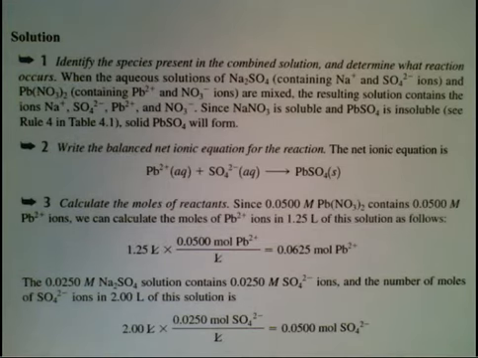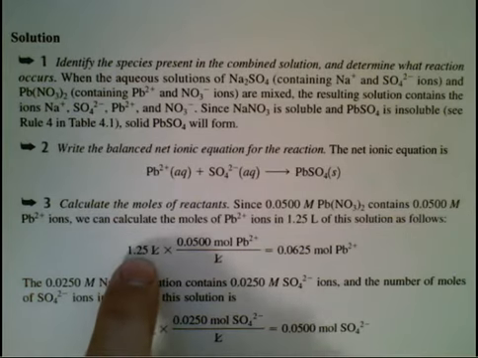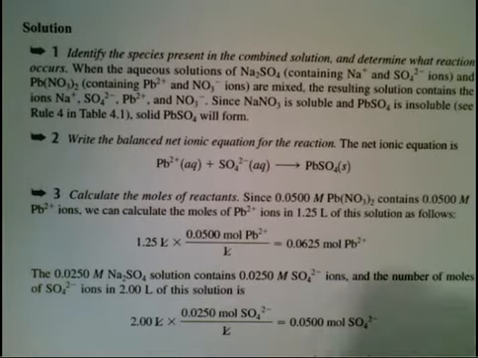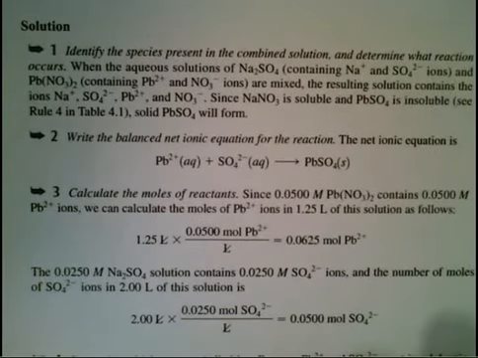this solution as follows. Again, why 1.25 liters? Oh, it's in the question. That's the volume of the lead nitrate that you started with. So we can know how many lead ions we have by multiplying the volume that's been given by the molarity of the lead ions, but we're just writing it in the molarity equation format.